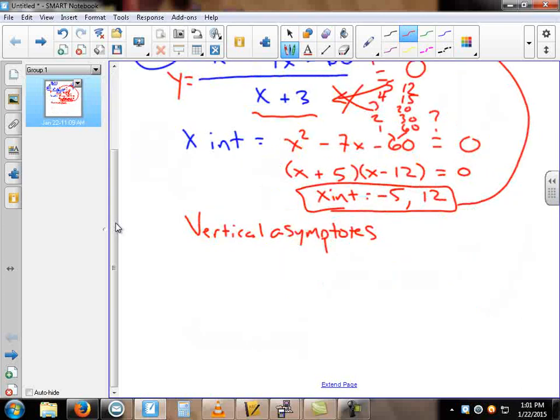Okay, vertical asymptotes we did before in 8.2 was all about essentially the domain restriction. And so you remember from 8.2, we would say x does not equal, and there was a number that x didn't equal. And when we studied that last time, it always had to do with denominators cannot equal 0.